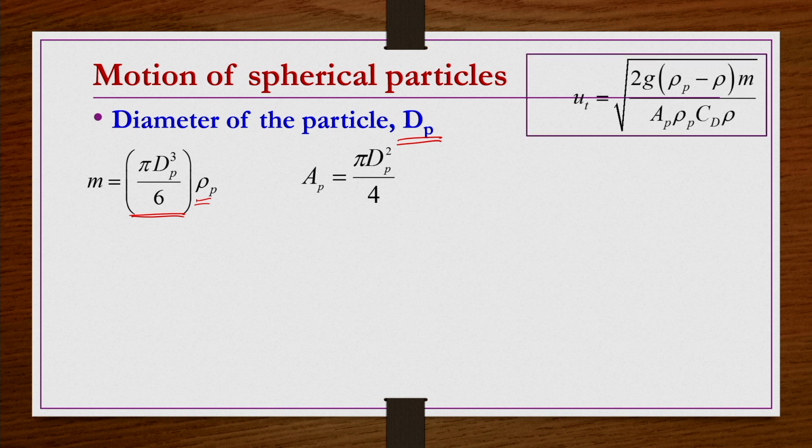Then in this equation, ut is equal to the square root of 2g (rho p minus rho) m divided by AP rho p CD rho. When you substitute, you will get this expression.